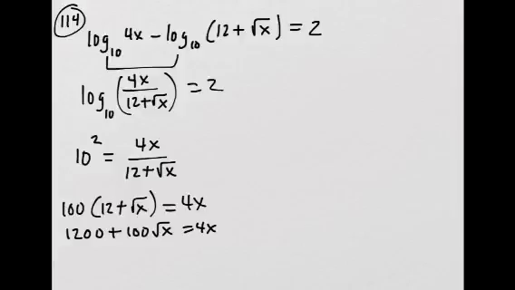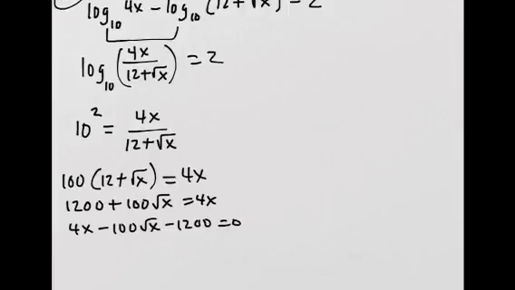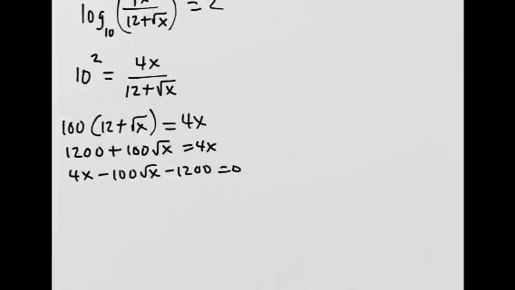Let's move everything to the right so that 4x is positive. So then I have 4x minus 100 square root of x minus 1200 equals 0. I can reduce everything by 4. So x minus 25 square root of x minus 300.